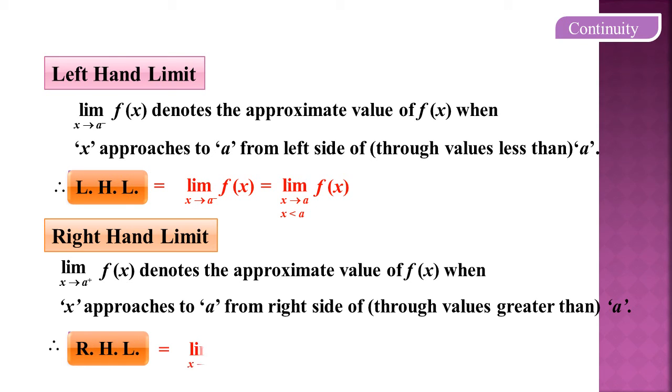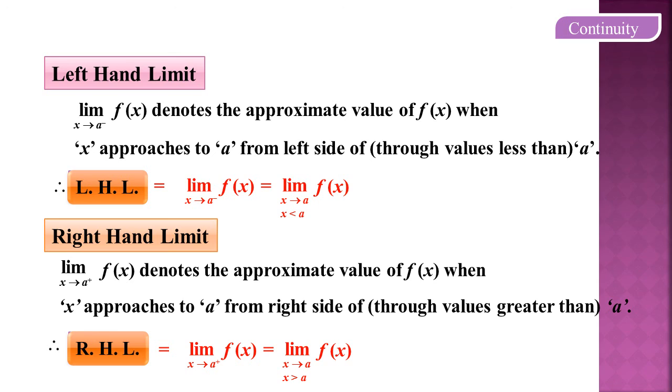That is, we denote it as limit as x tends to a plus of f of x, or limit as x tends to a with x greater than a of f of x. Here greater than a means closest points towards a. So these are the standard notations of left hand limit as well as right hand limit.